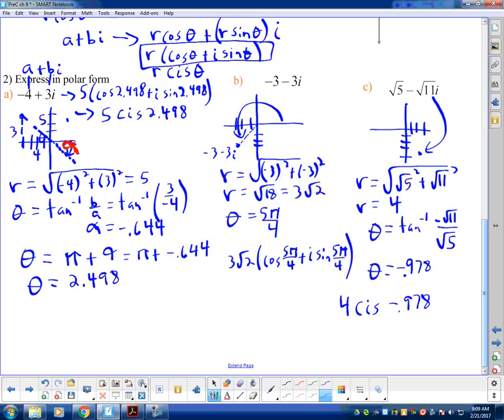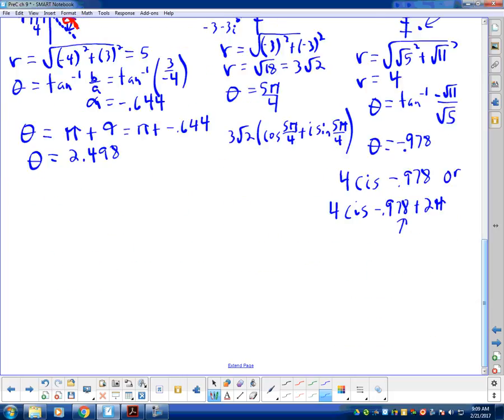Or if you're checking your answers, what I've done is I've given you the positive value between 0 and 2 pi. So you might see 4 cis negative 0.978 plus 2 pi if you want theta between 0 and 2 pi.